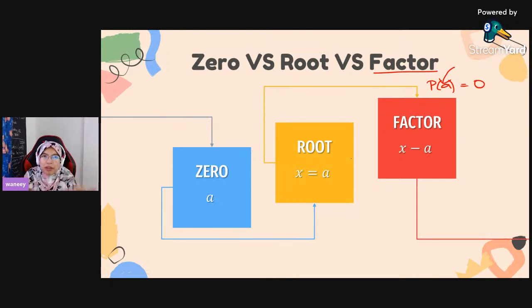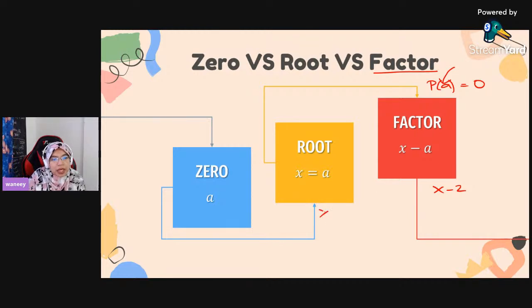Actually just the way we write them down, they actually mean almost similar thing. Hampir sama lah maksud dia kan, bila kita ganti kita tak dapat kosong. Just the way you present your answer, those will be different. So make sure you be able to differentiate between a root, a zero and a factor. Okay, so for example, a factor x minus 2 can be a factor.